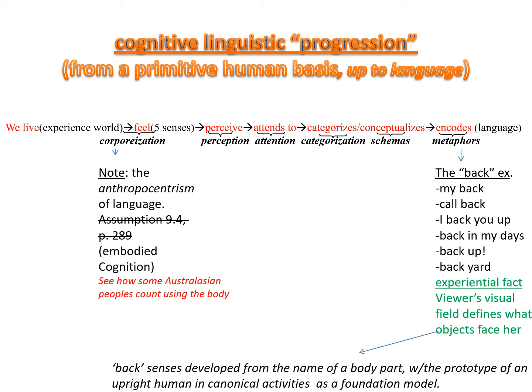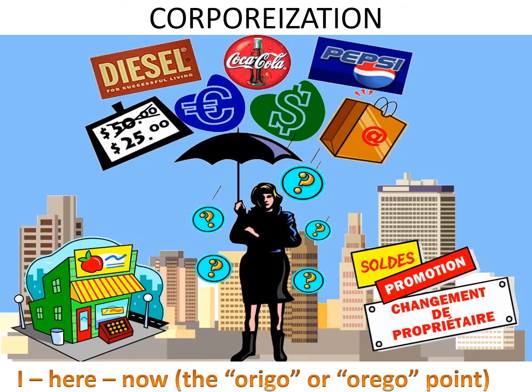But again, that comes from the metaphor of the body, the back of our bodies. So they developed from that original primitive body-based experience, and now we can extrapolate that to talk about more abstract things, like the examples here. We call that embodied cognition, and that's how we process language.